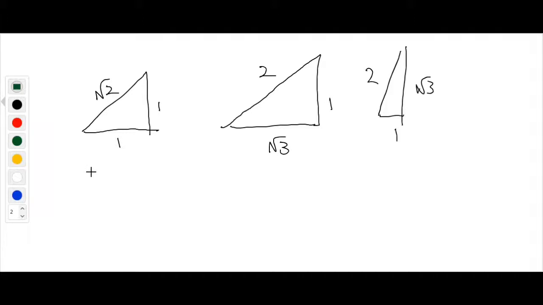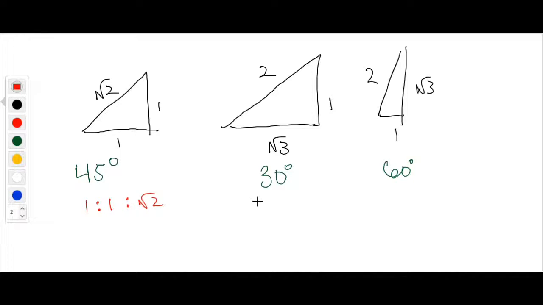Let me give you some characteristics. This is at 45 degrees. This one is at 30 degrees. And this one is at 60 degrees. More characteristics: this is a ratio, so the ratio usually holds as this.